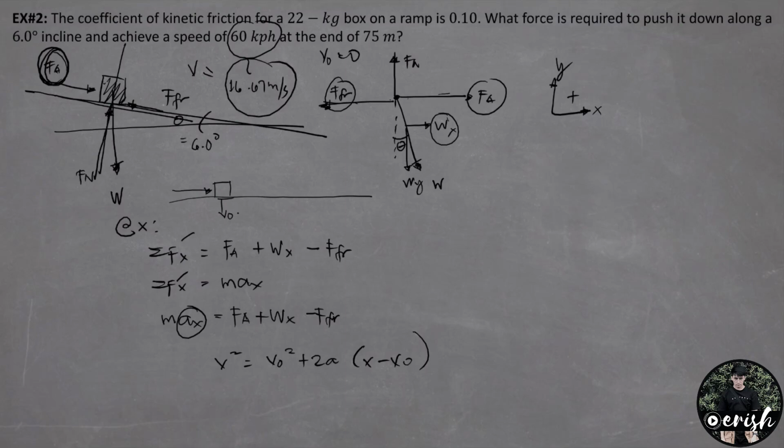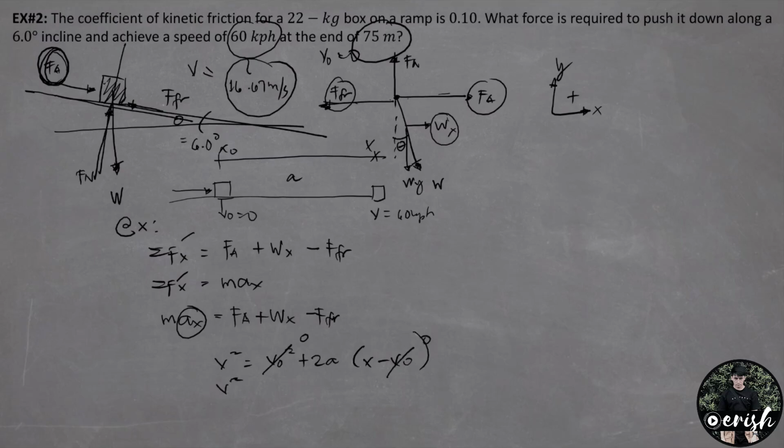From initial velocity natin na 0, umabot siya dito. We have, this is the x and this is the initial position ng x natin, and the final position is 75 meters. And this is the final velocity where nagkaroon siya ng 60 kph. Ang hinahanap natin is yung acceleration. Initial velocity is 0. Initial position is 0.